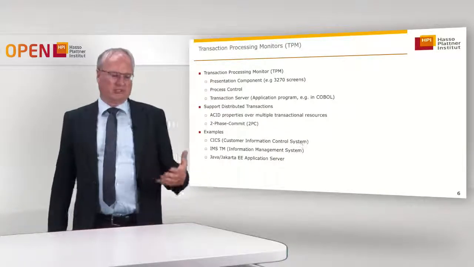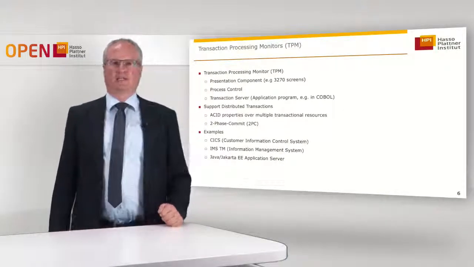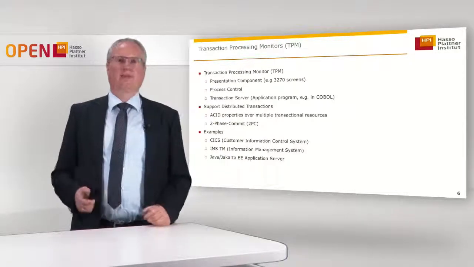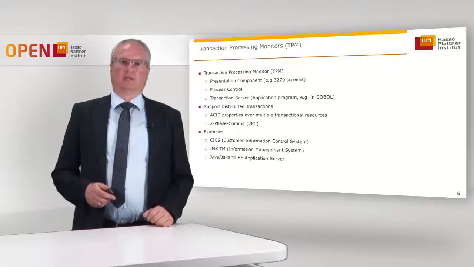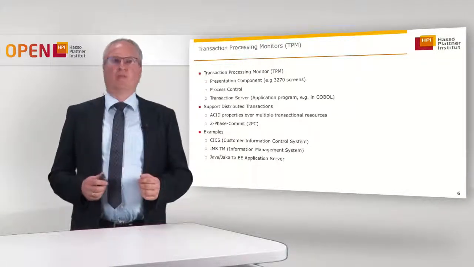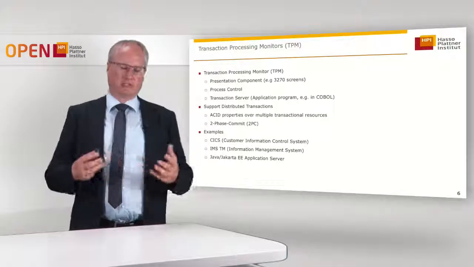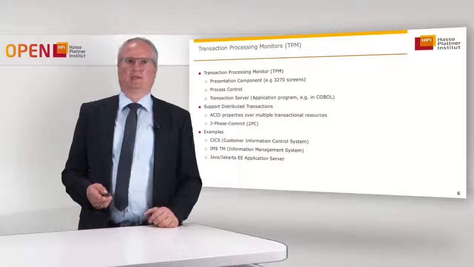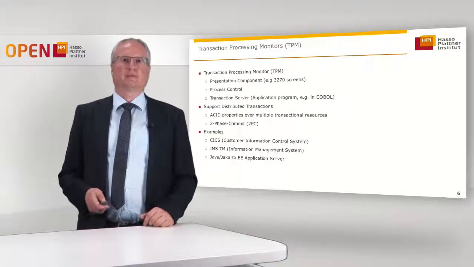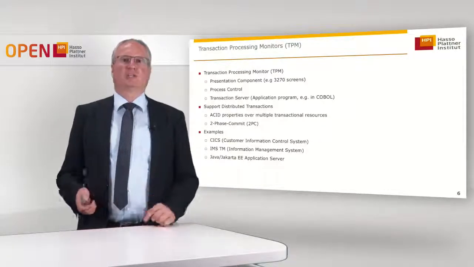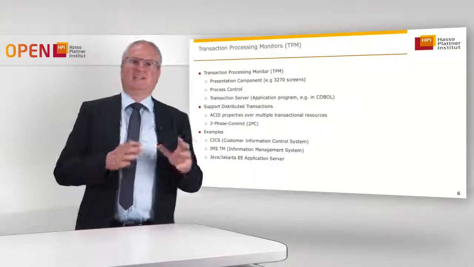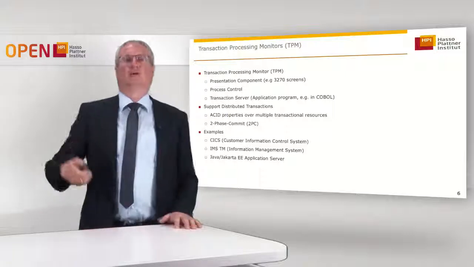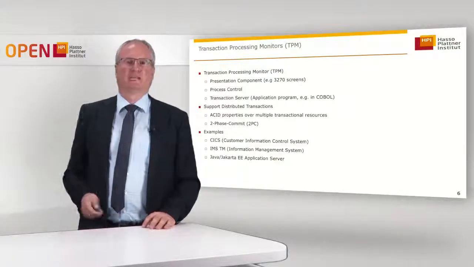And this is probably the most well-known classical transaction processing monitor. There are others, not only by the mainframe vendors. For example, in the Fujitsu mainframe world, we have the openUTM product, which is also a transaction processing monitor. And IBM also has a second one in the portfolio called IMS-TM, the Information Management System, which is really a database management system, but it offers a transaction processing monitor component that can also be used independently of the actual database.